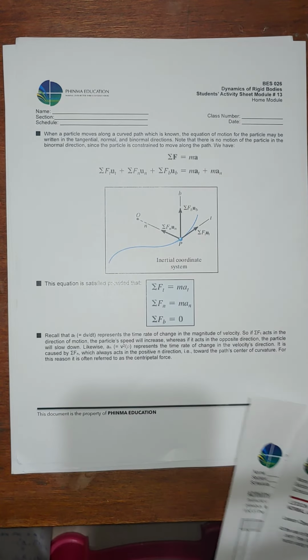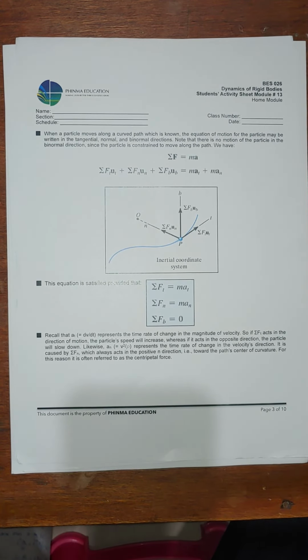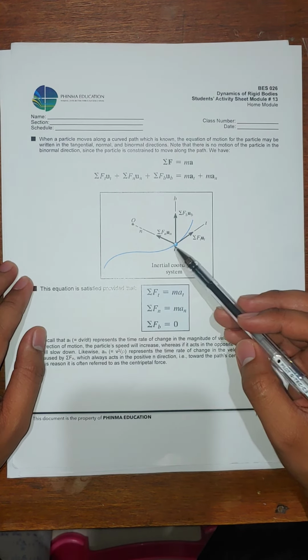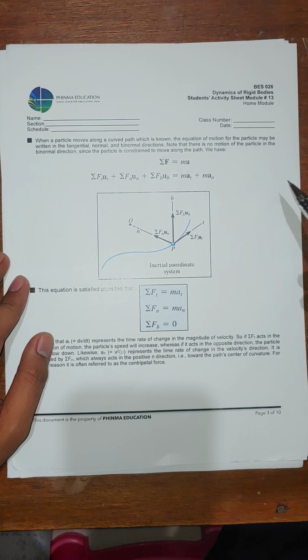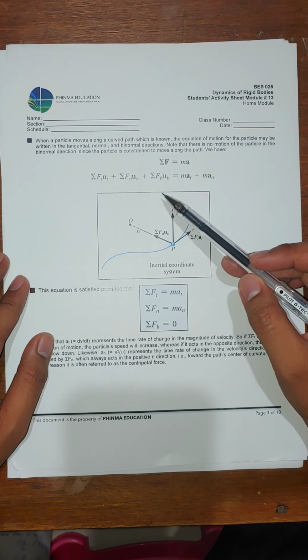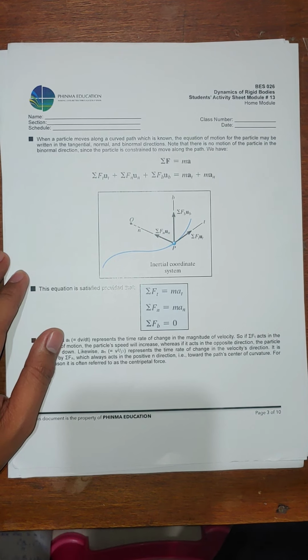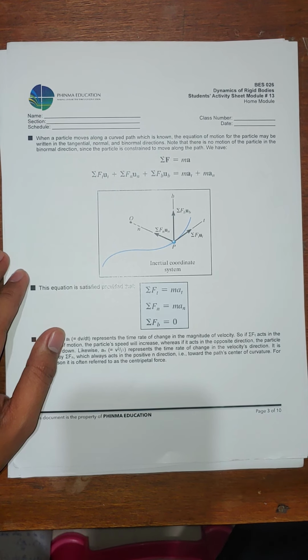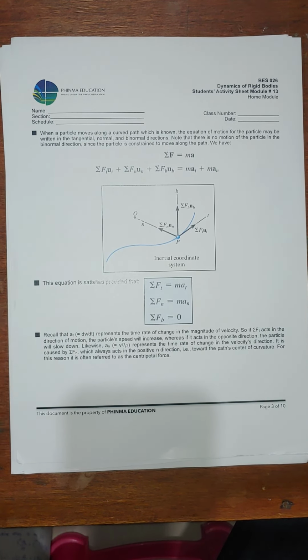So shown here, we have a particle that moves along a curved path, which is unknown. The equation of motion for the particle may be written into the tangential, normal, and binormal direction. So unsa na man ning normal, binormal, tangential nga directions.